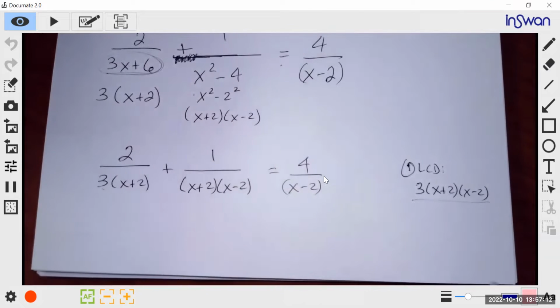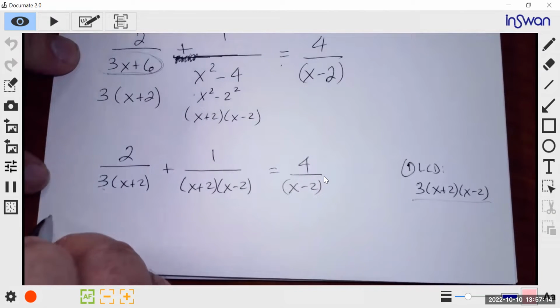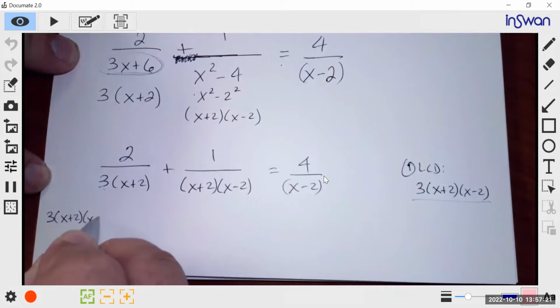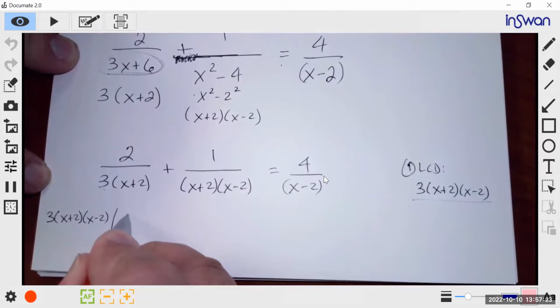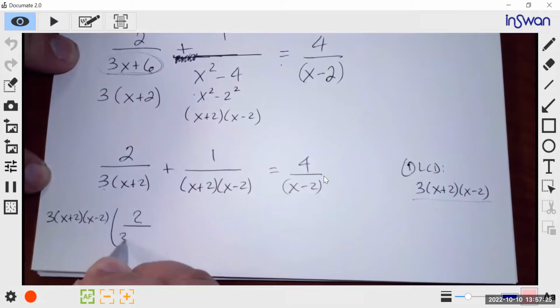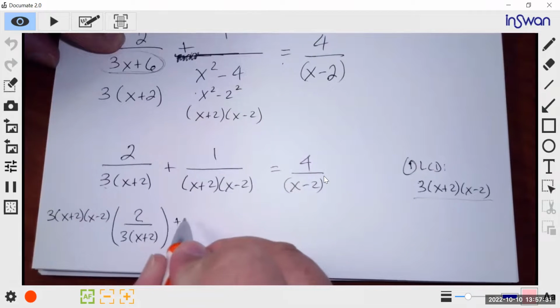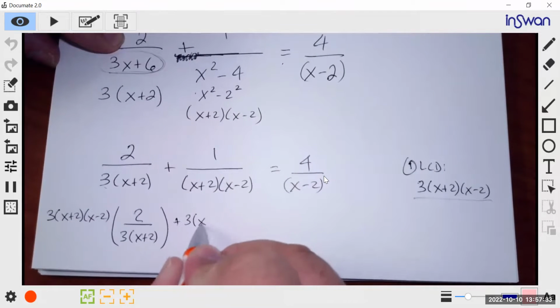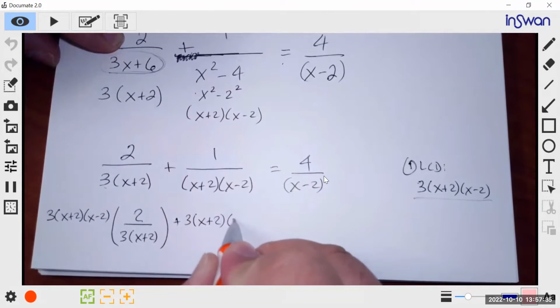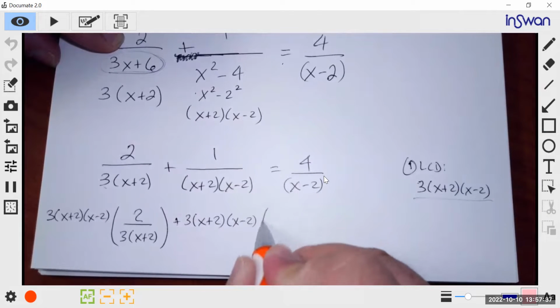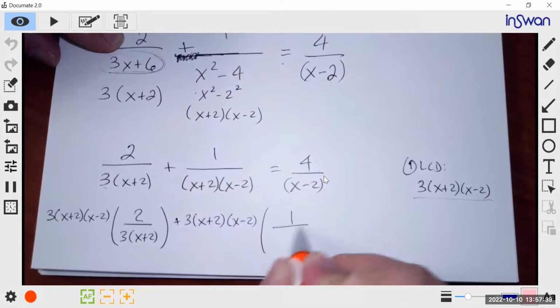So what do I do with the LCD? I multiply it to each term. That's the first one. This is the second one.